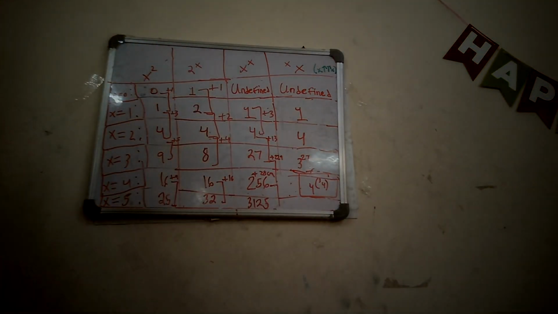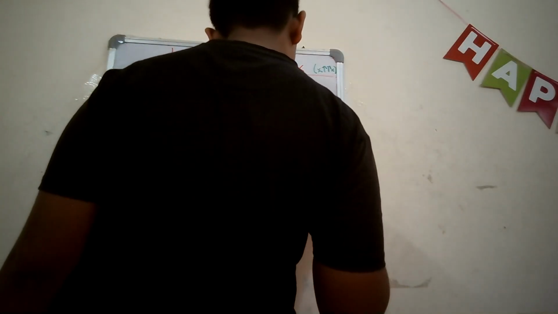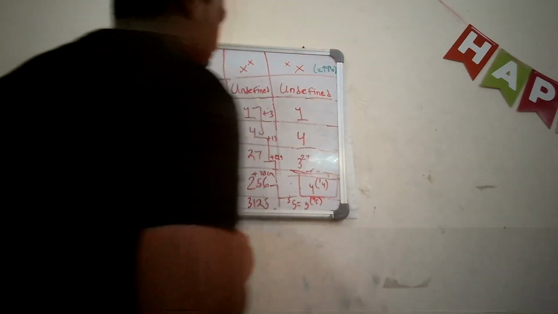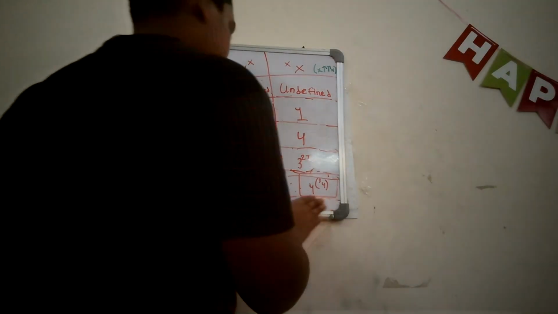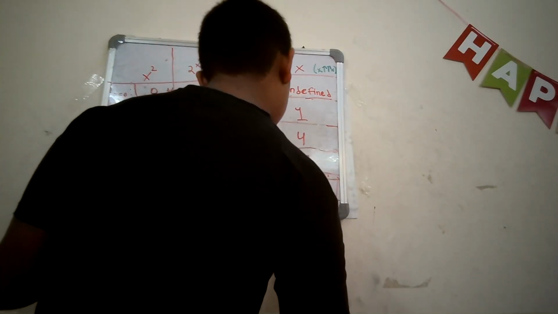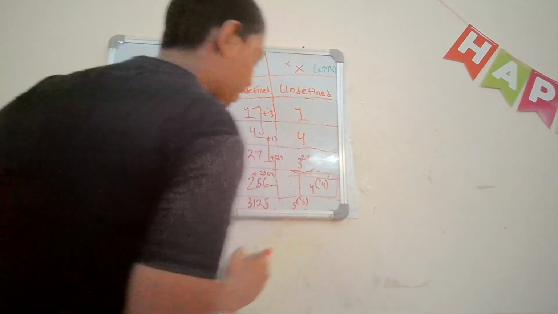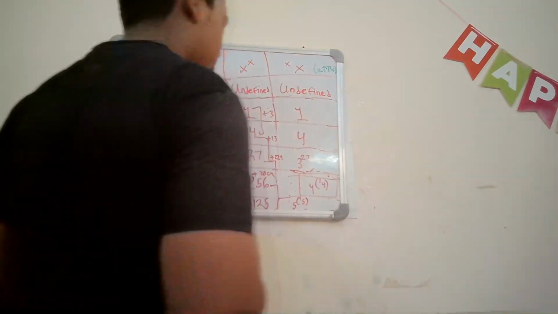Now for 5, oh god. 5 tetrated 5 will just be 5 to the power of 5 tetrated 4. There's a reason we're doing this, because 5 tetrated 4 would just be 5 to the power of 5 tetrated by 4. We're using tetration here. Now, what's happening here?